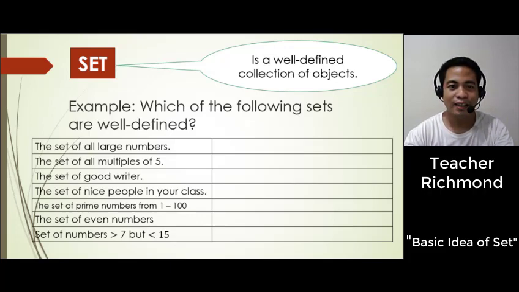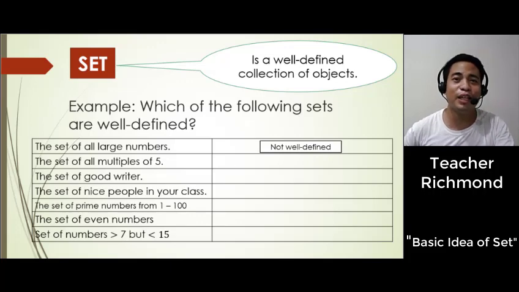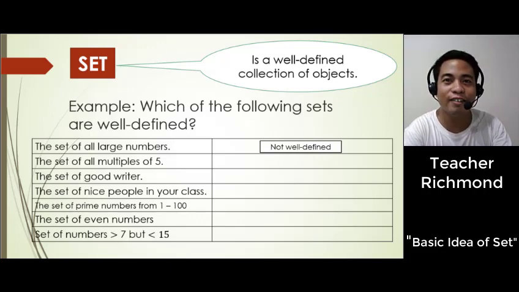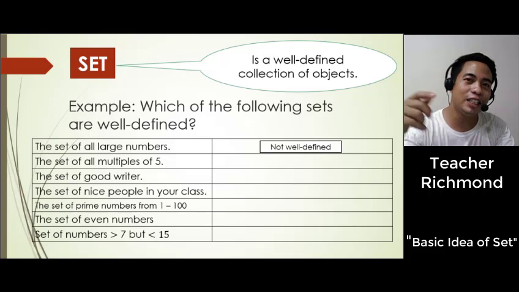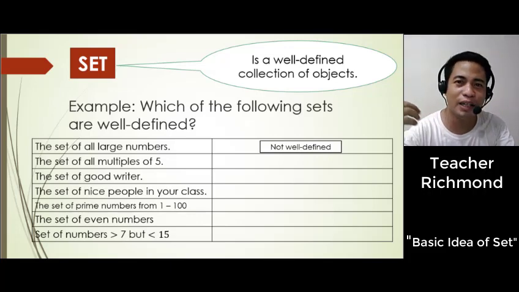Is it well-defined or not well-defined? It is not well-defined because my large number might not be your large number, right? Maybe my large number is just 100, or maybe your large number would be 1,000 or 1 million.